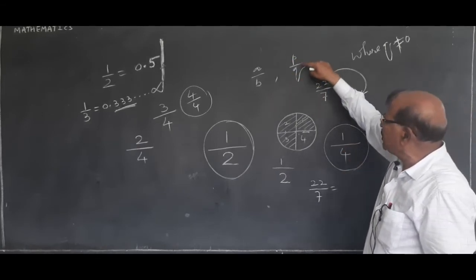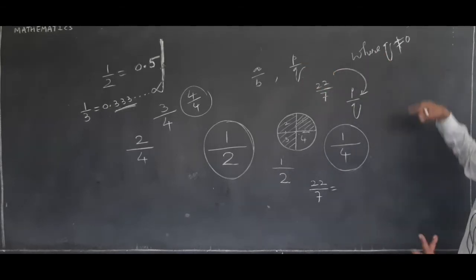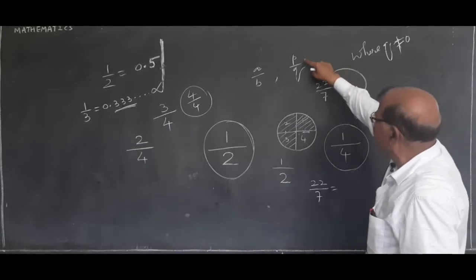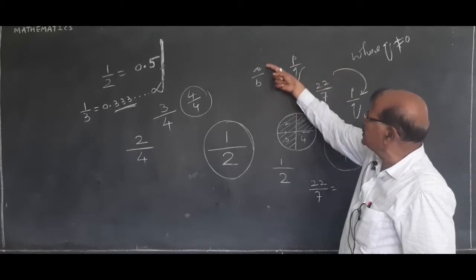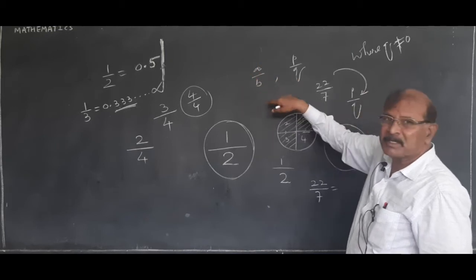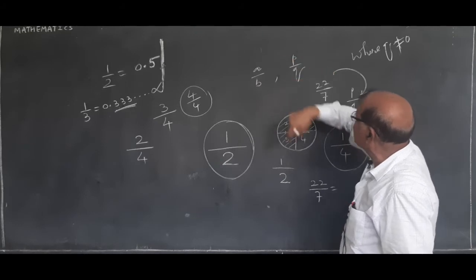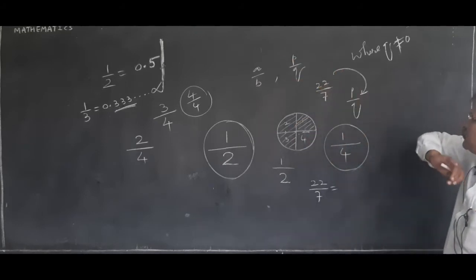So it should be in the form of p by q, where q is not equal to 0. Generally this is the numerator and this is the denominator. In some books it is represented by a by b, in some books by x by y. So this is in the form of a fraction. So that definition is enough.